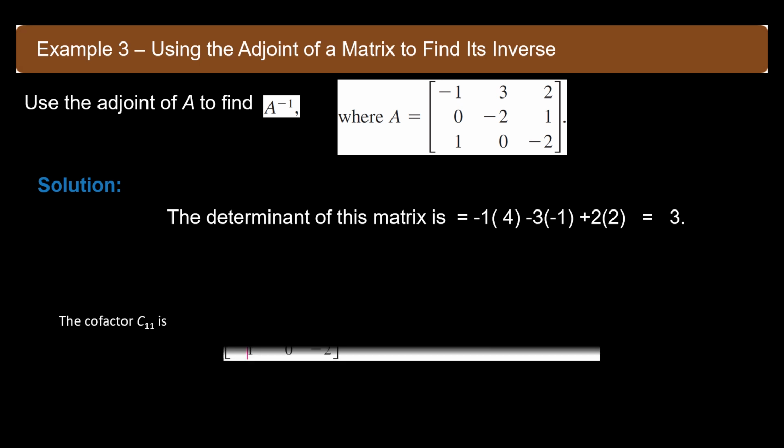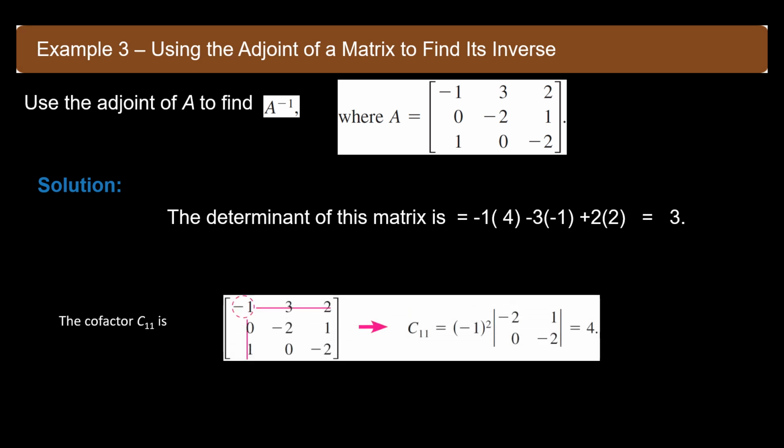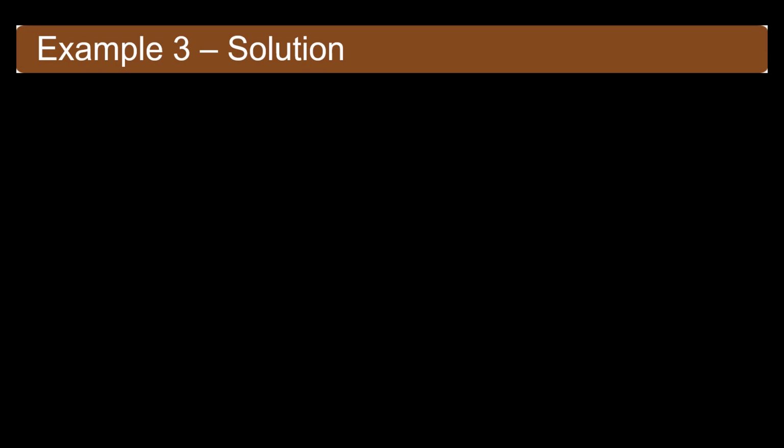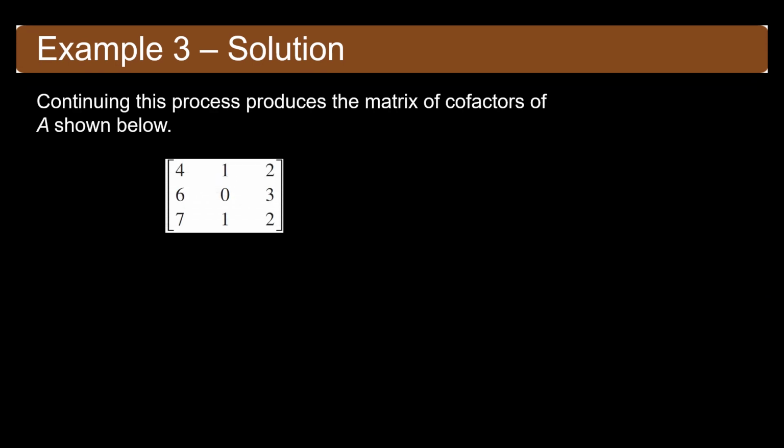Now for the cofactor C11, first I have to find the minor by deleting the first row and first column and multiplying that by (-1) to the power 1 plus 1. 1 plus 1 is 2, so I get C11 as 4. The same way I can get C12, C13, etc. And the cofactor matrix can be obtained.